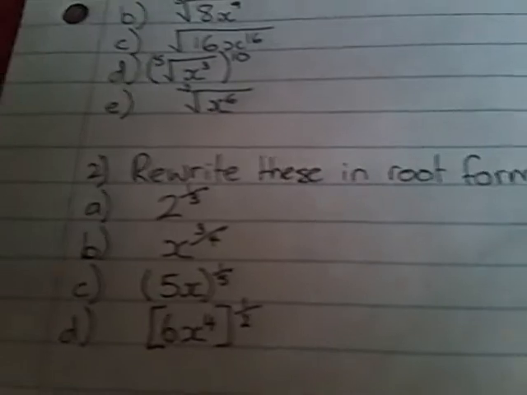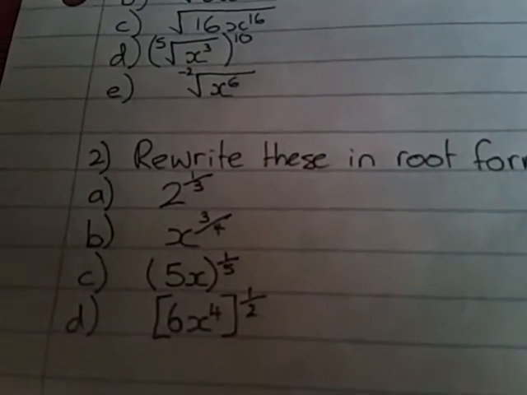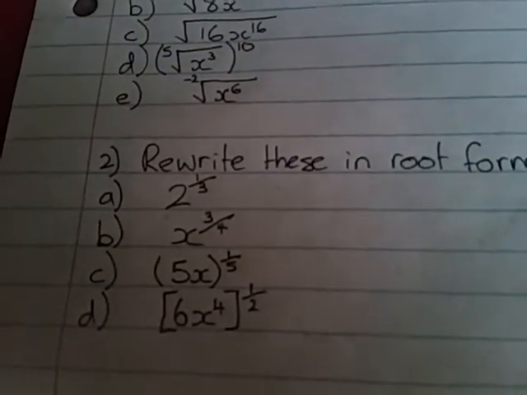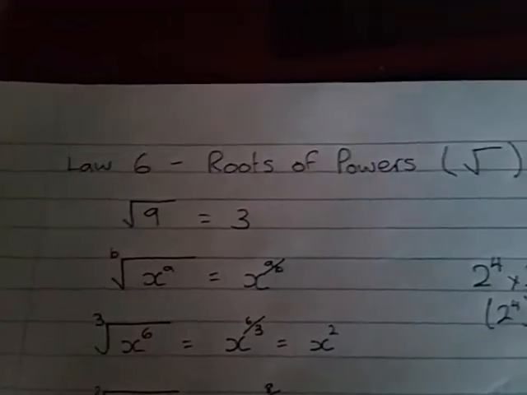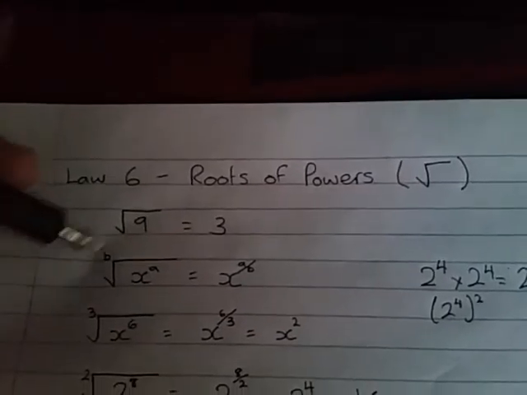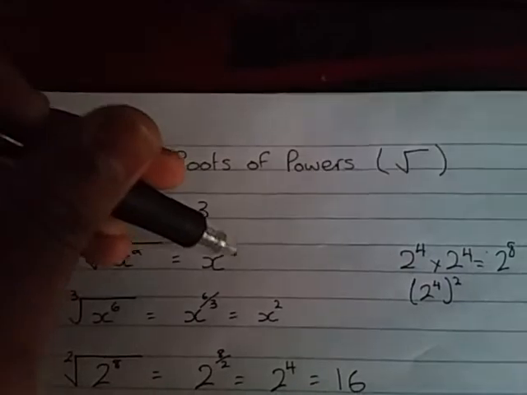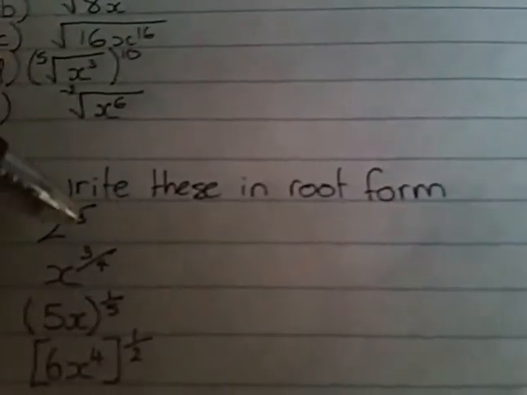Now we get to the second part of the exercise, which was rewrite in root form. So the first one is 2 to the 1 third. If you go back to our definition, you notice that the denominator becomes the root. So that straight away tells me what my root is going to be.